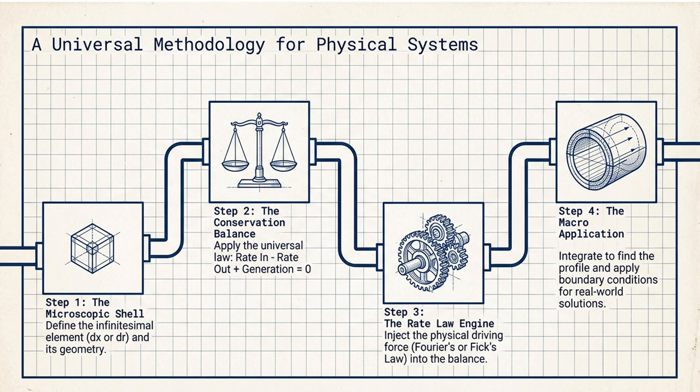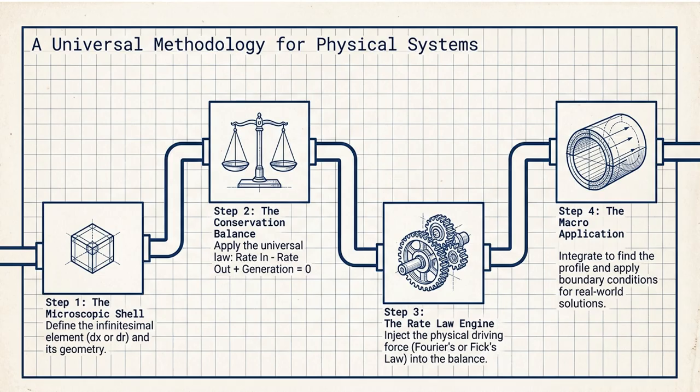The third step would be, in the equation we will get from the energy or the material balance conservation, we will have to use a governing law to substitute the required quantity in there. So in case of heat transfer, we will use Fourier's law of conduction, and in case of mass transfer, we will use Fick's law of diffusion.